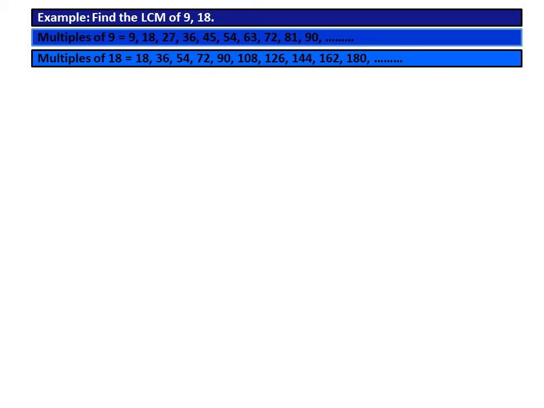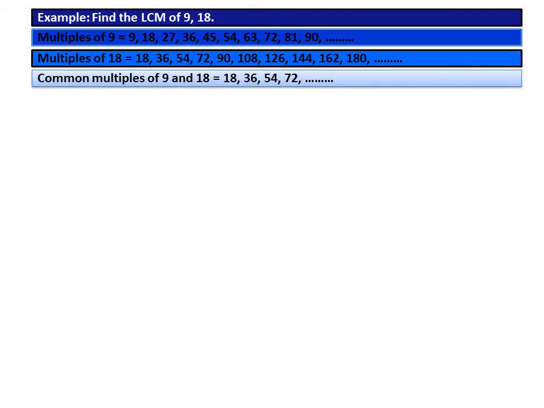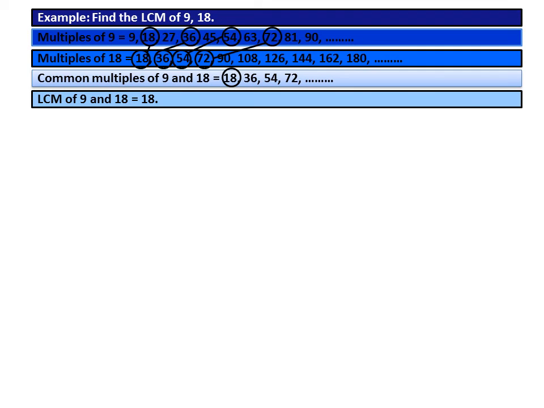Multiples of 18 are 18, 36, 54, 72, 90, 108, 126, 144, 162, 180 and so on. Here the common multiples of 9 and 18 are 18, 36, 54, 72 and so on. Thus the LCM of 9 and 18 is 18.